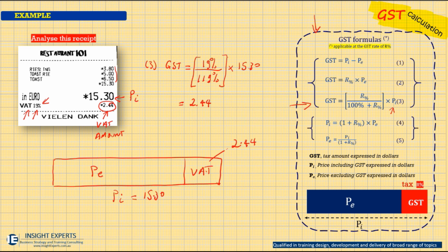Now to calculate the price excluding VAT, we simply subtract the VAT amount from PI, or you can use any of the other equations. You can use equation number 5, you simply divide the price including GST by 1.19. In either case, you will get the same amount, which is really equal to 12.86.